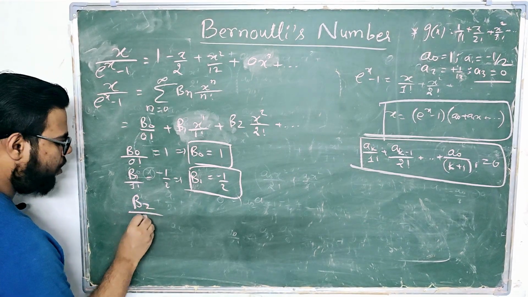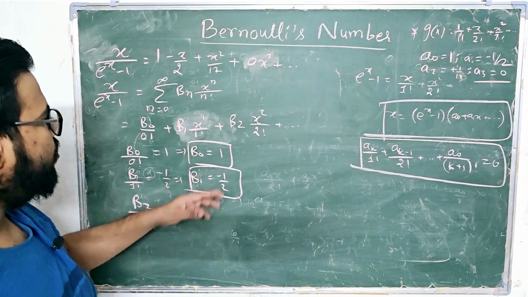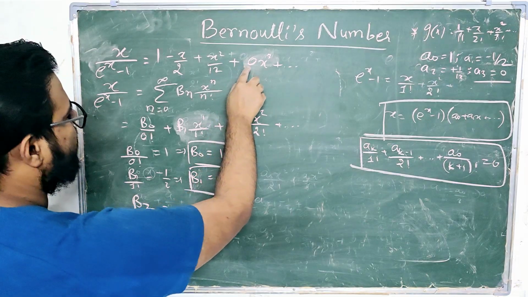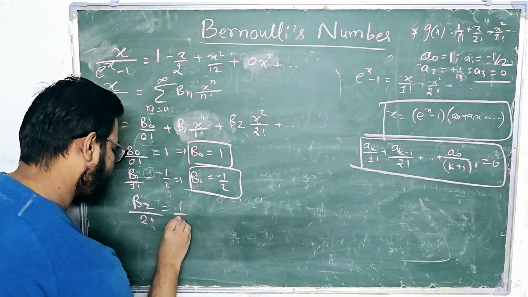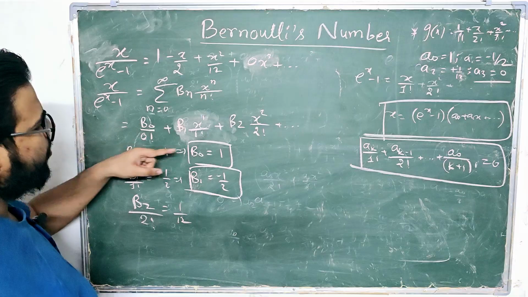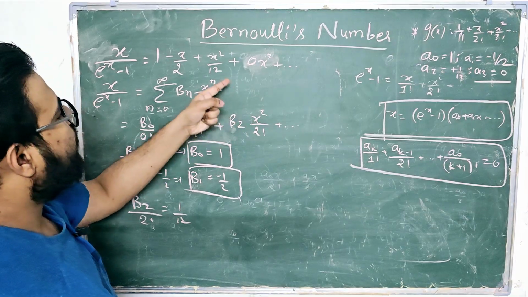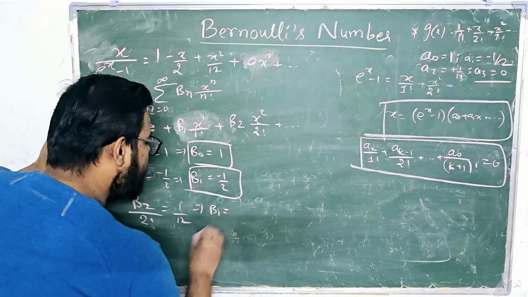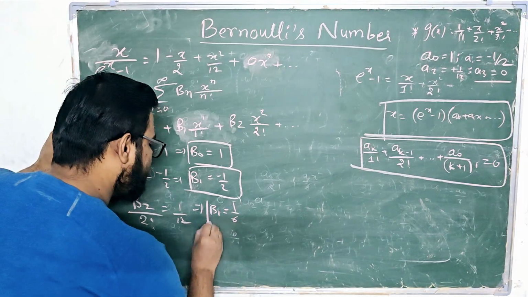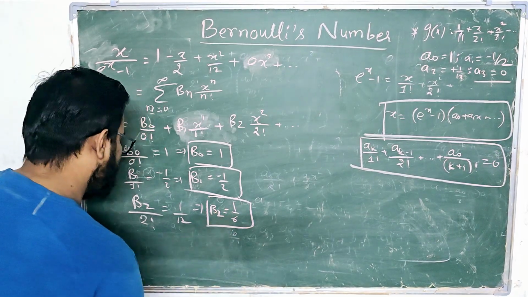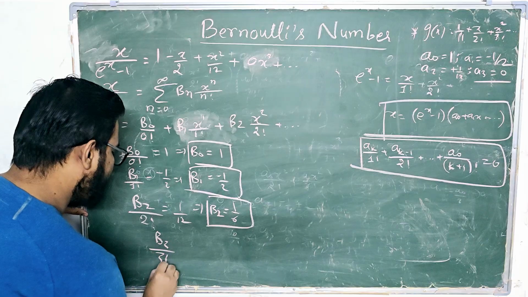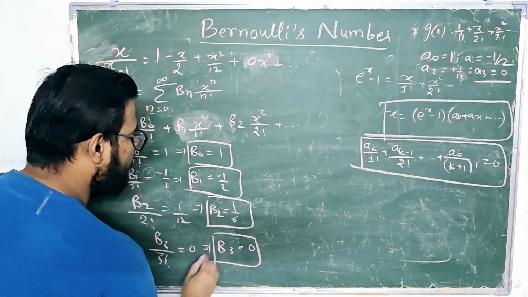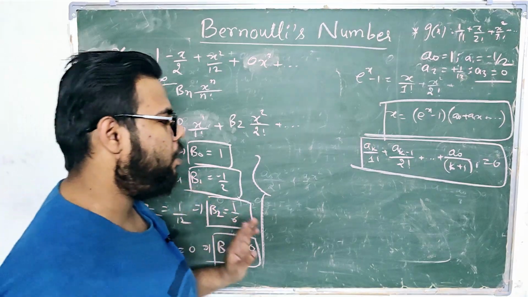For b2 by 2 factorial, you will write this expression, correct, because the coefficient of x square is 1 by 12 over here. So we have b2 is equal to 1 by 6, and b3 by 3 factorial is equal to 0. So we have b3 is equal to 0, and likewise you can solve for all the Bernoulli coefficients over here.